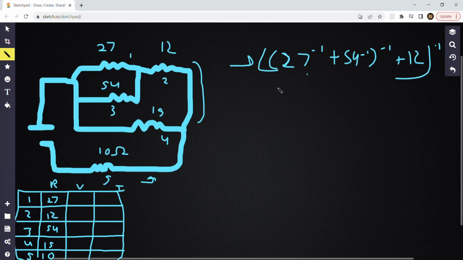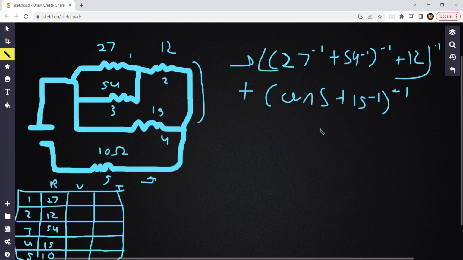And then plus. Once we get that, we add that answer plus 15 to the negative 1, all to the negative 1.